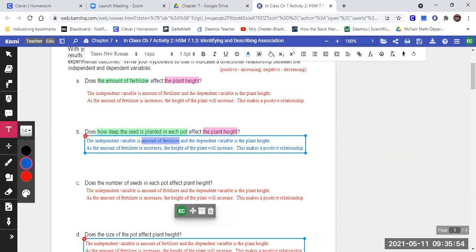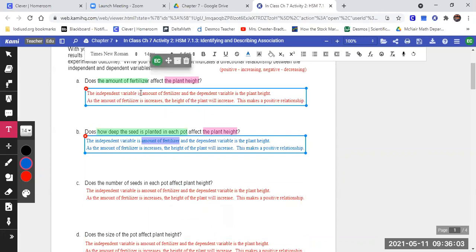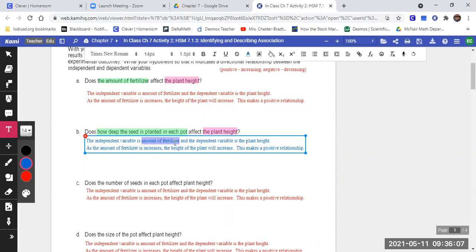The independent variable is what situation? Just like we said up here, the independent variable is the amount of fertilizer. So I need to fill in this, instead of saying amount of fertilizer, I'm going to replace it with what words?